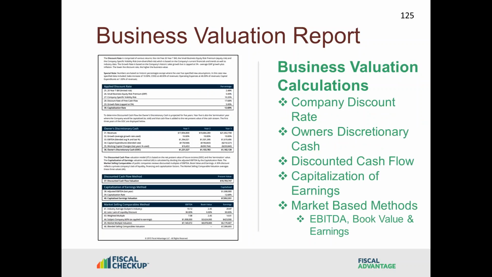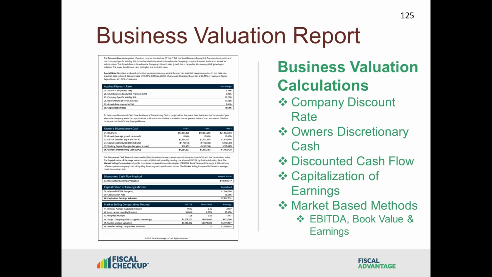Based on the past performance, Fiscal Checkup estimates the future owner's discretionary cash. Then, the value of the business is calculated based on 5 different methods: the discounted cash flow, capitalization of earnings, and 3 market-based methods: EBITDA, book value, and earnings.